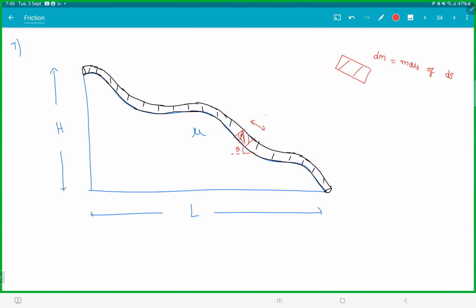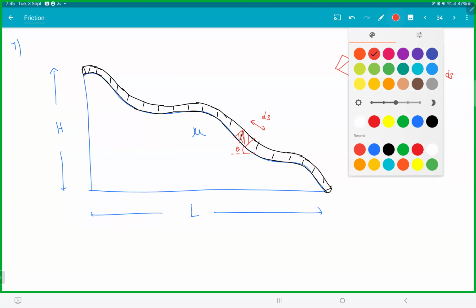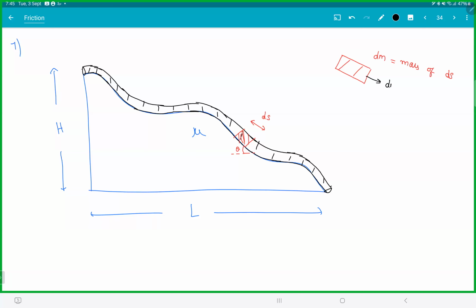So we are taking this length as ds. Now, if you write the forces, this would be dm g sine theta. It is just like a block on an incline. dm g cos theta is the normal reaction, and this is F max. Why F max? It is about to slip. Now, if you look at each piece, on all the pieces friction will be backward, and similarly on all the pieces mg sine theta will be forward.